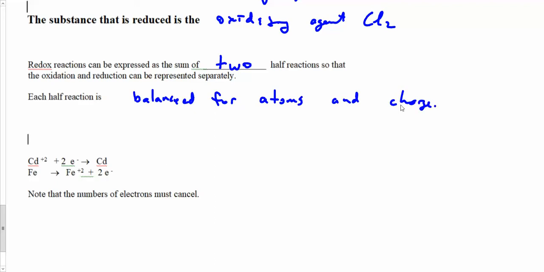So notice here the charge on this side of the top reaction, +2, -2. This charge on this side is 0, charge on this side is 0. The charge on this side is 0, the charge on this side is again 0. So I need to balance for atoms, 1 and 1 and 1 and 1. So I balance for atoms and charge.